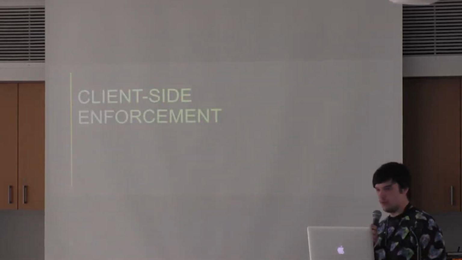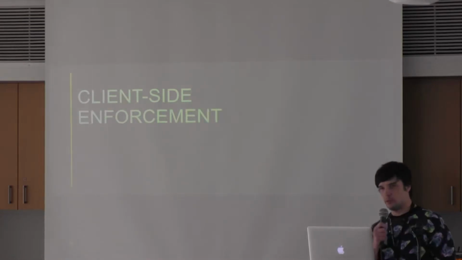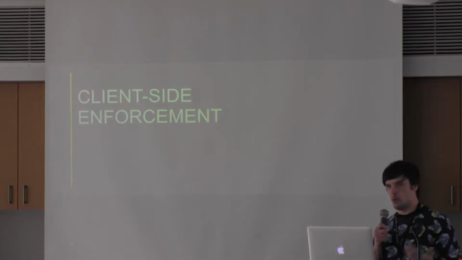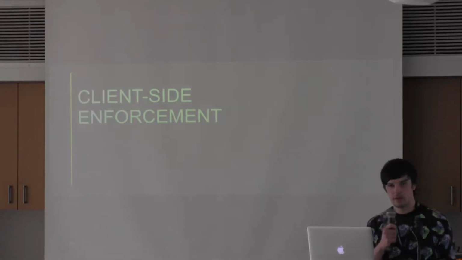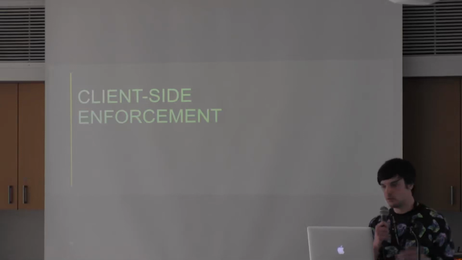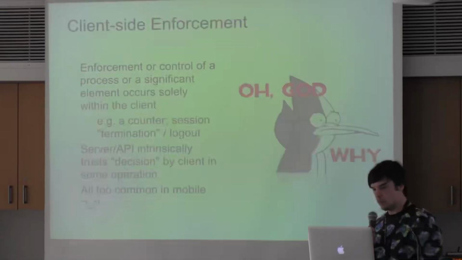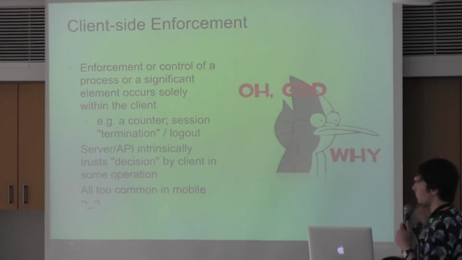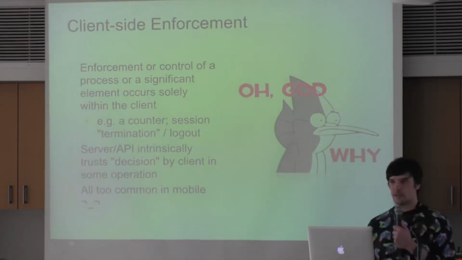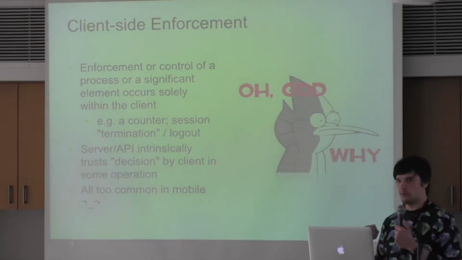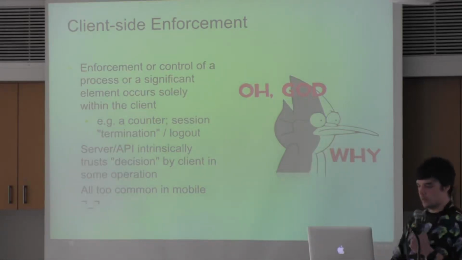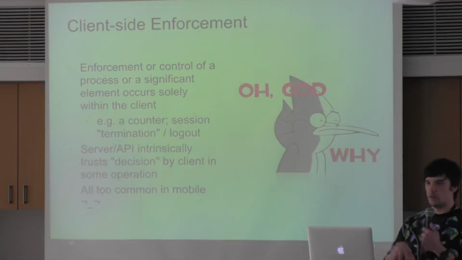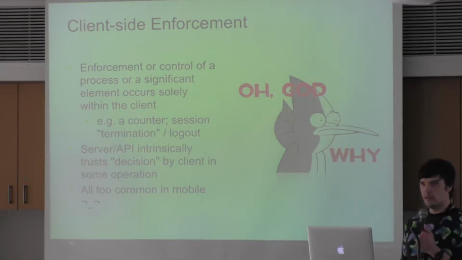Client-side enforcement. This is not obviously unique to API security, but it's very common in mobile, and mobile apps, I don't know, occasionally talk to APIs or some sort of web service, like once in a blue moon. If you're not familiar with this, this is basically any sort of enforcement or control of a process or some sort of significant element, like an identifier or a counter being set or dictated solely on the client and the server implicitly trusting that no one did a bad thing with it.